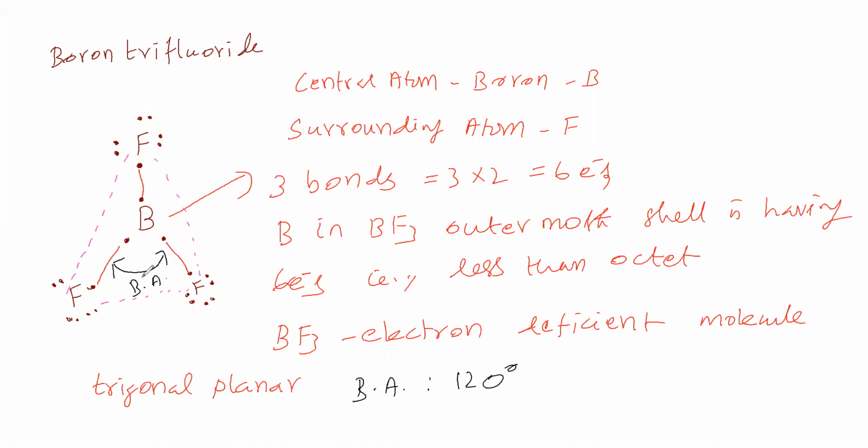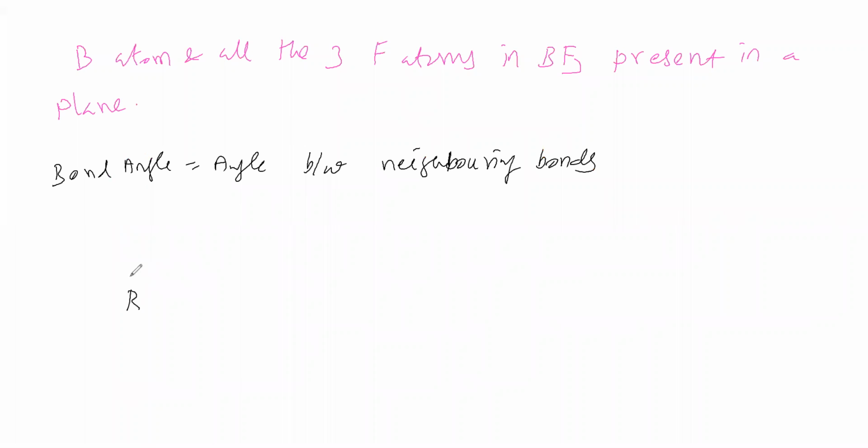Here 120 degree, here 120 degree, here also 120 degree. The angle between these two fluorine atoms is 120 degree.